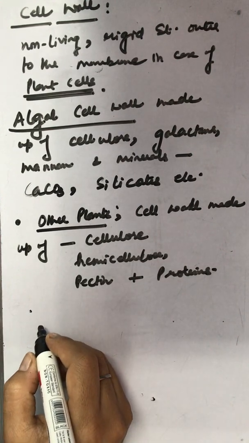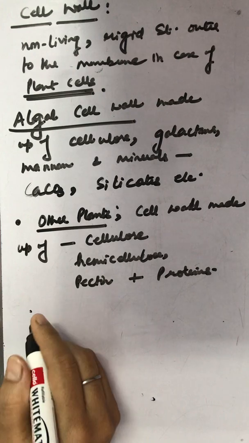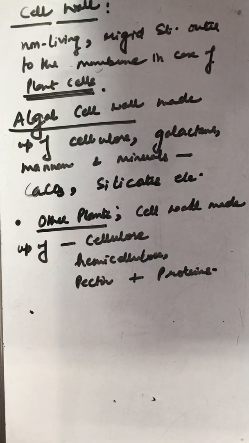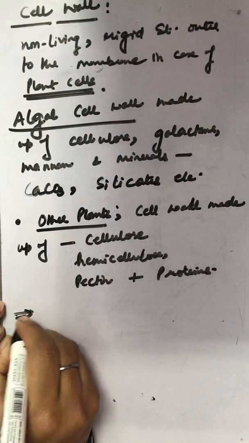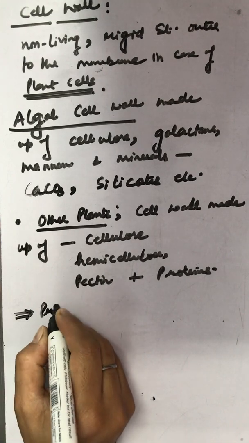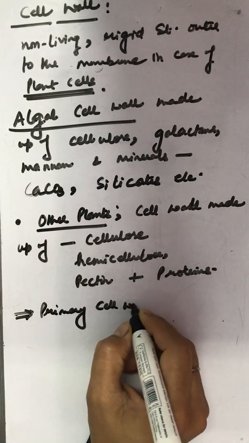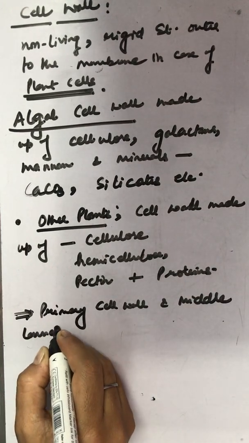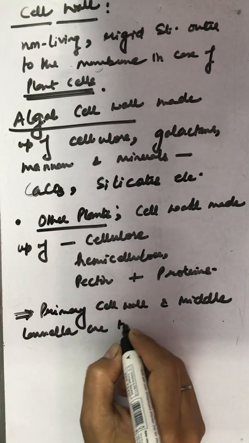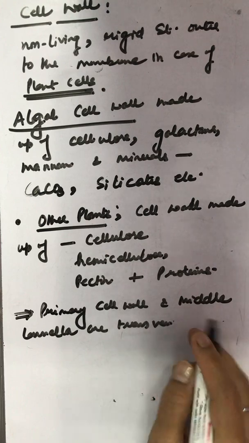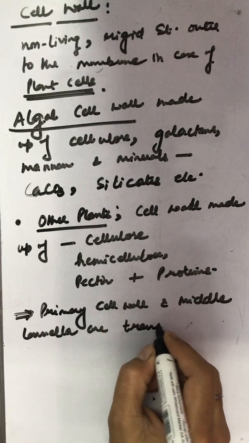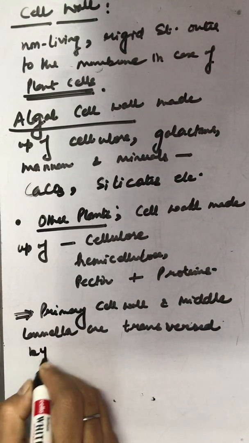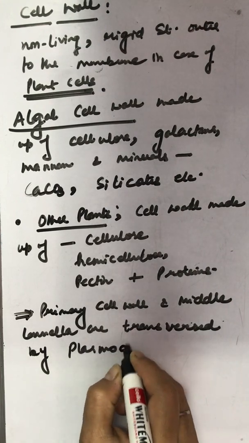You know, there is a junction which is known as plasmodesmata. It connects the cytoplasm of the adjacent cells. And here we write a line to suffice this, that primary cell wall and middle lamella are traversed by plasmodesmata.